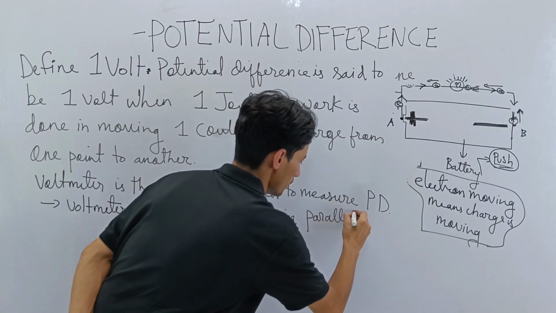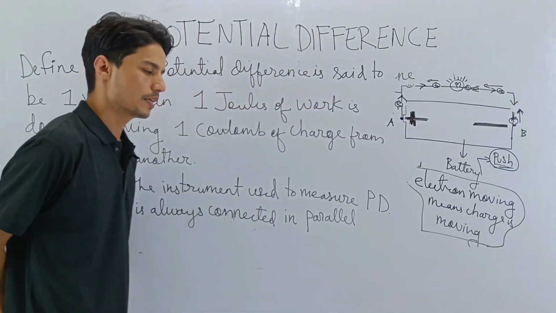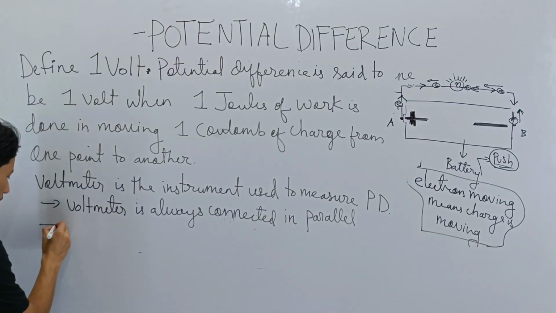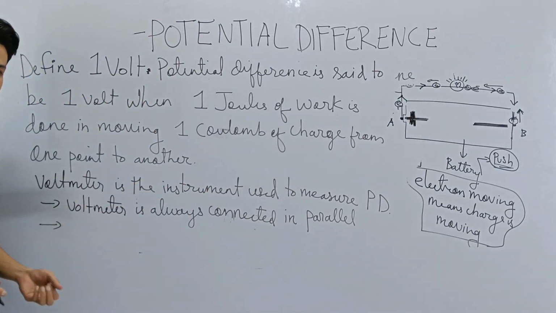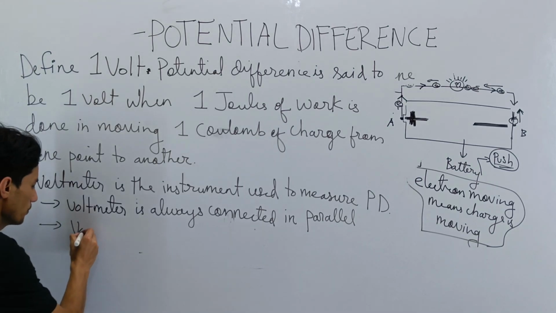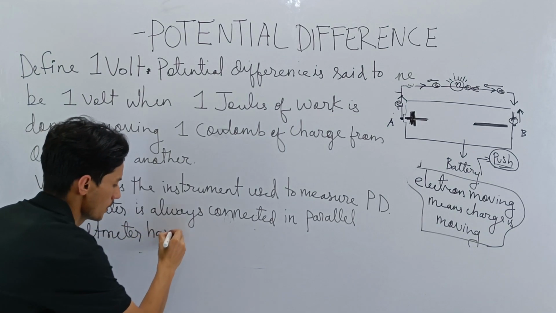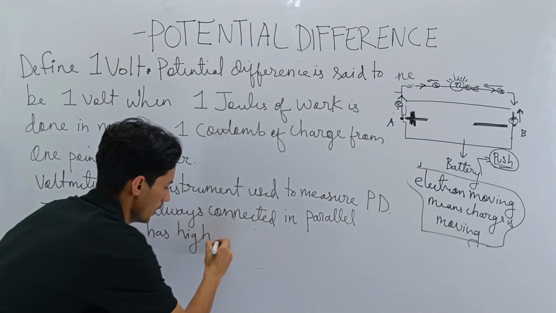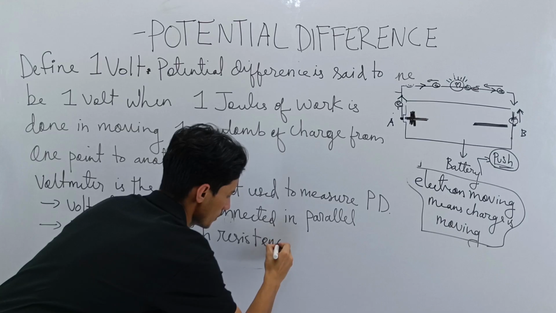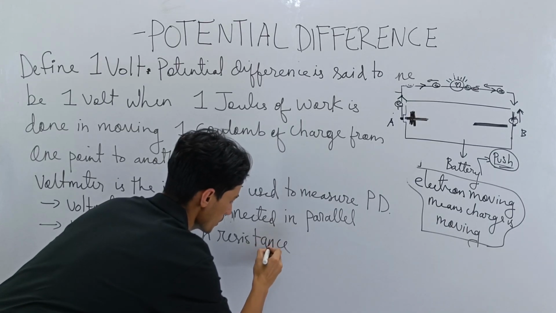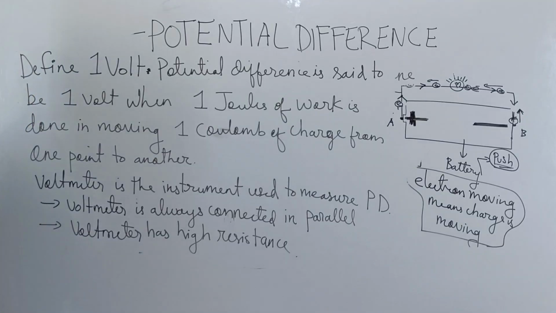Remember, an ammeter is connected in series and a voltmeter is connected in parallel. They are opposite. The next point is also opposite to the ammeter: an ammeter has zero resistance, a voltmeter has extremely high resistance. So this is what you have to know about the voltmeter.